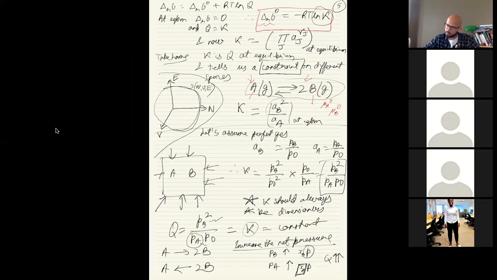So the point I'm making here is that Q is equal to PB squared by PA P naught, while K is equal to PB squared by PA P naught at equilibrium.